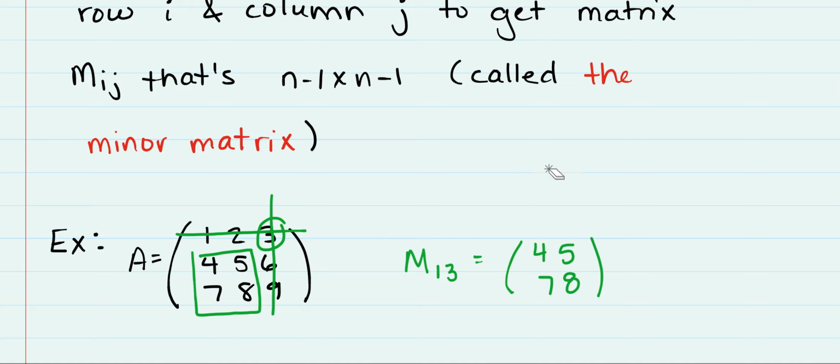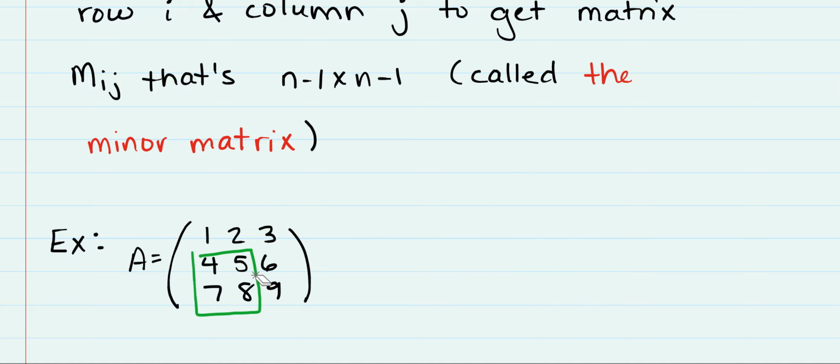Let's try another one. Let's say we have A22. That entry is a 5.